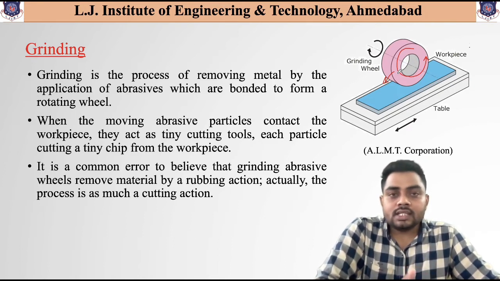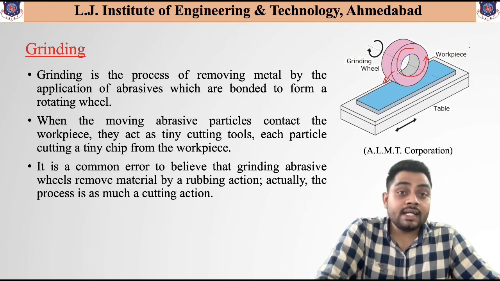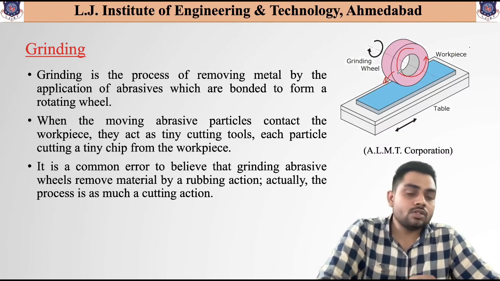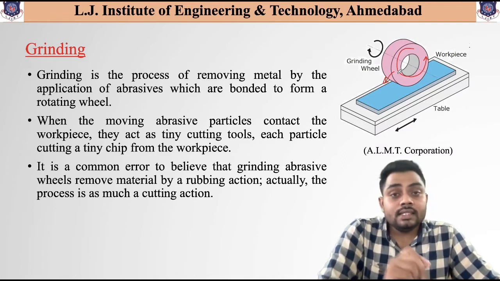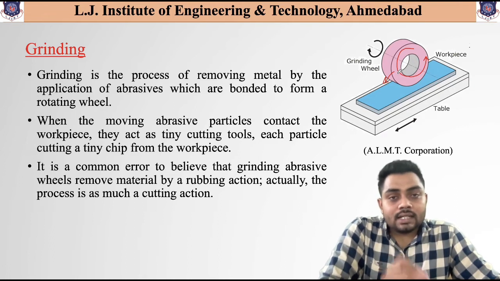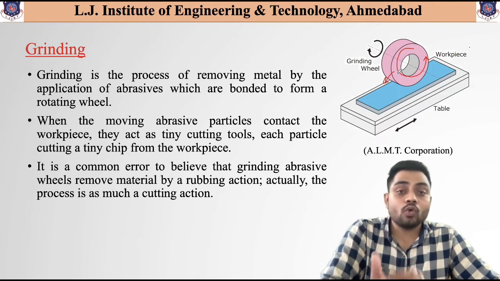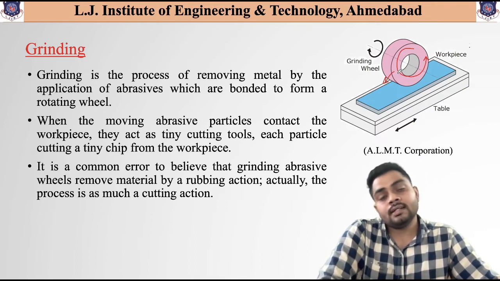So based on the grit size of the grinding tool, this process can be understood as a cutting process and also a finishing process, because if the abrasive particles attached to the grinding tool are finer in shape and size, then and only then will this help us provide the finish to the component.